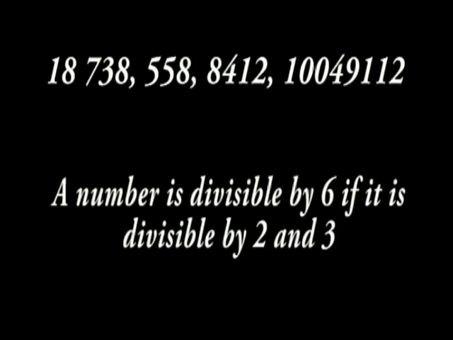Secondly, all these numbers are even, which means they are divisible by 2. Finally, their digital sum is divisible by 3. You can confirm that. In simple terms, a number is divisible by 6 if it is divisible by both 2 and 3.